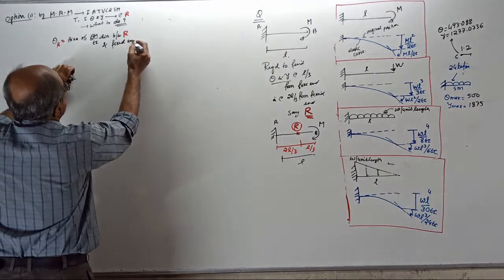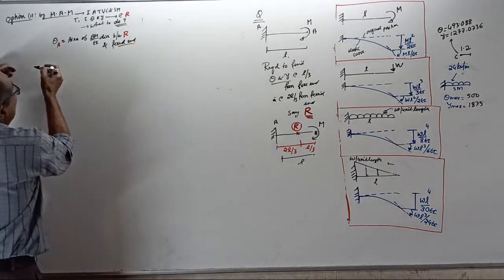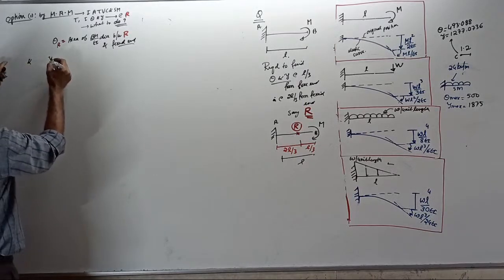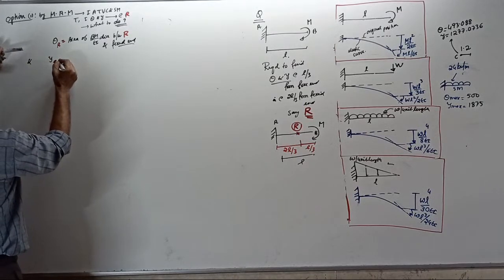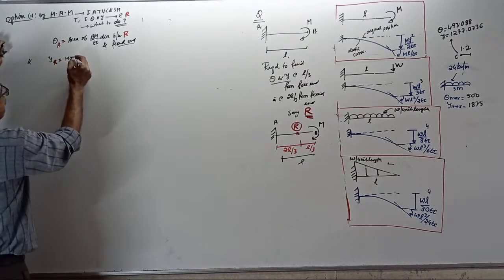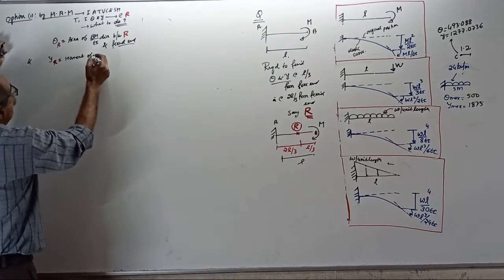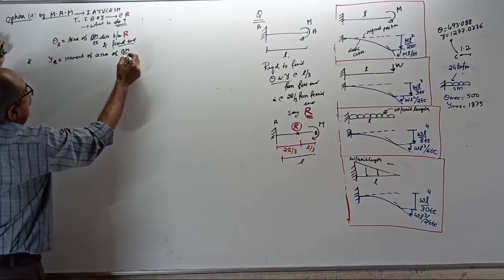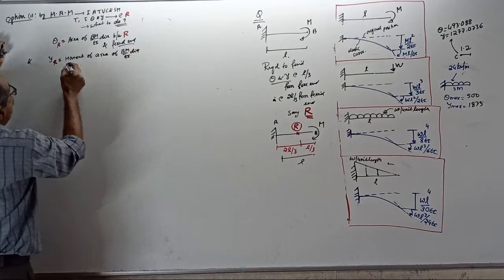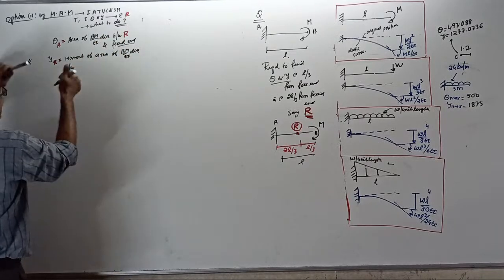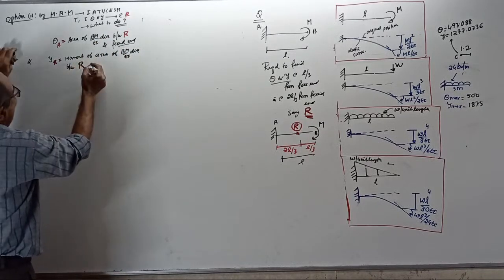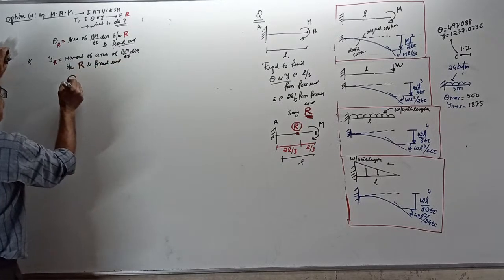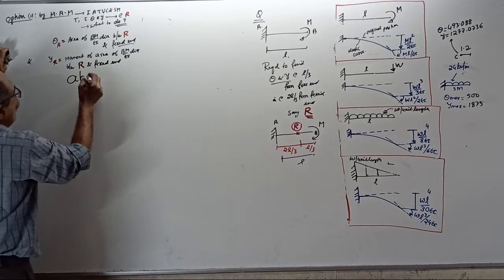That's all. And I told you deflection at the point R is moment of the area of BM by EI diagram between that point R and fixed end, but very important, tell me about which point.